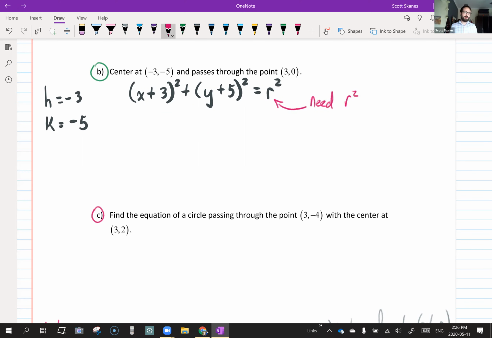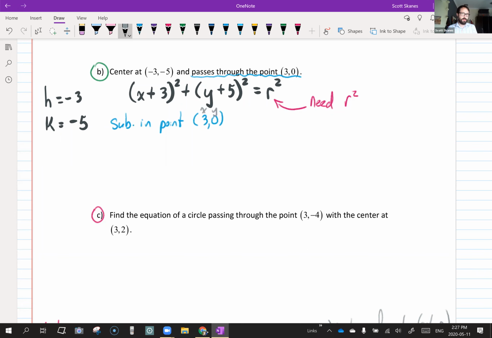X and y are allowed to be general. They're allowed to stay variables. R is not allowed to stay a variable. So what are we going to do? I'll tell you. We haven't used this information yet. Passes through the point 3, 0. So let's substitute that. Substitute in the point 3, 0. That means x equals 3 and y equals 0.